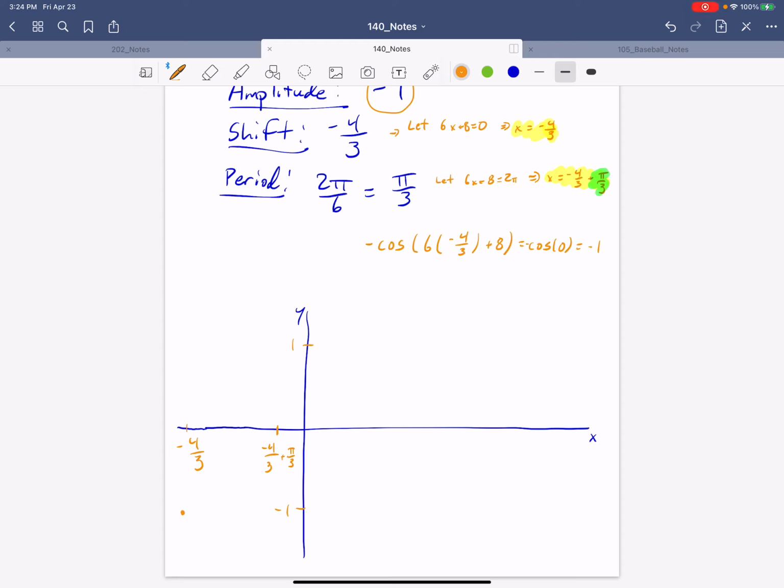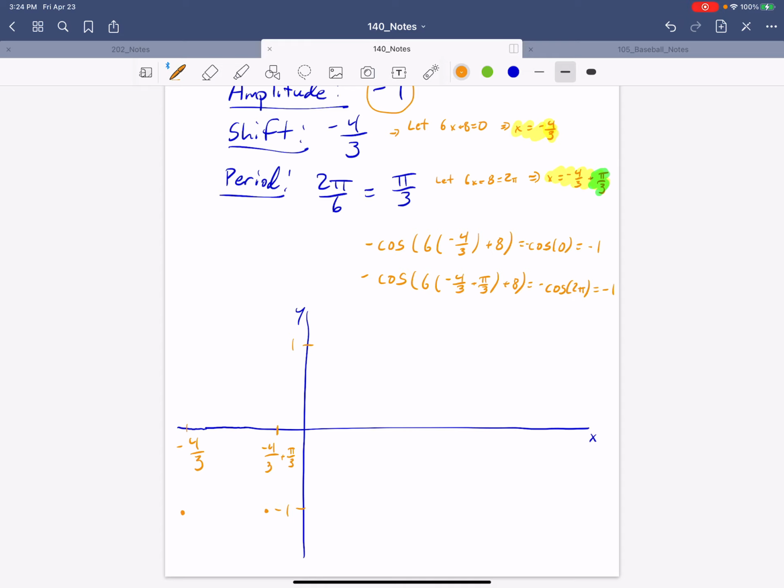And as expected, if we plugged in negative cosine of 6 times negative 4/3 plus pi over 3, plus 8, then we should expect to get negative cosine of 2 pi, which is also negative 1. So we once again should be over there.